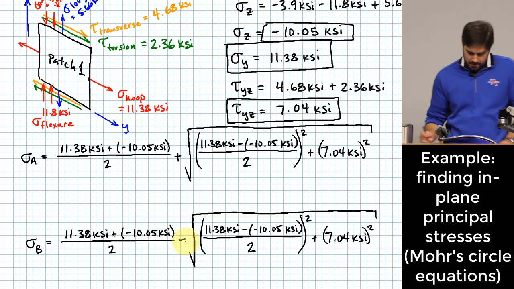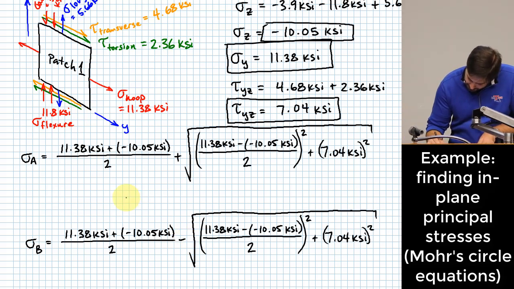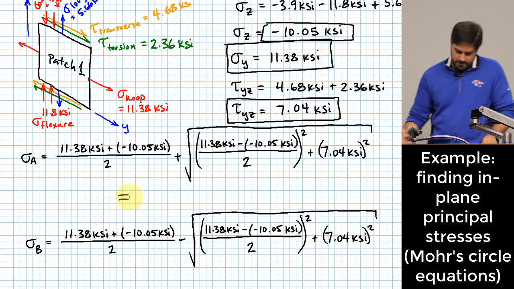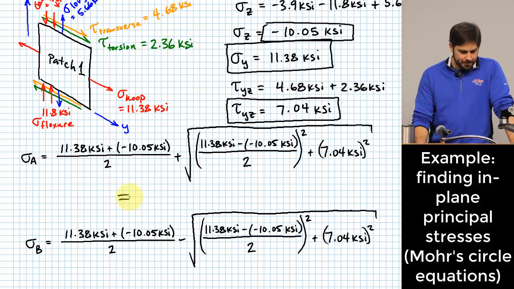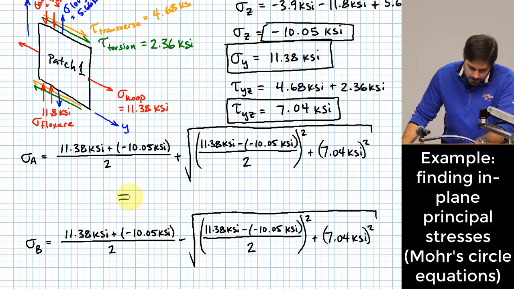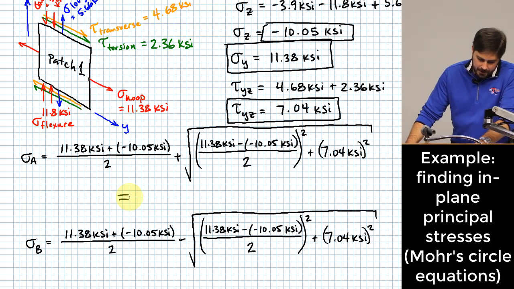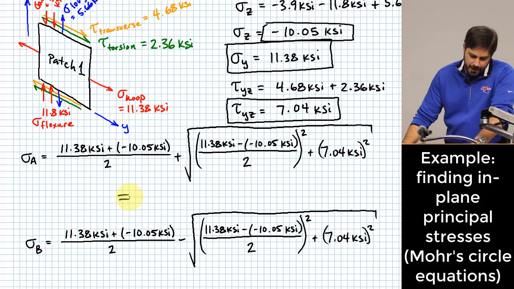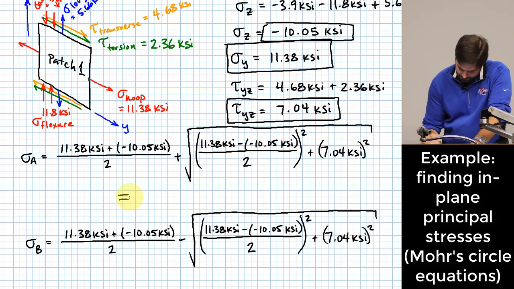Okay, and what I get for my in-plane sigma A is 13.49 KSI.